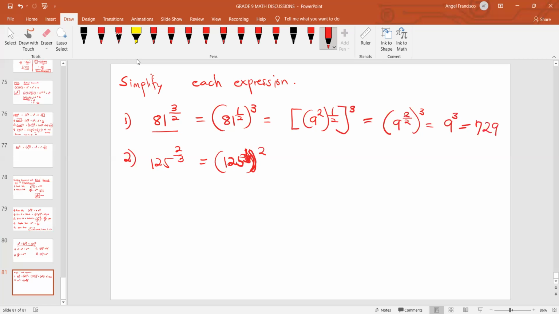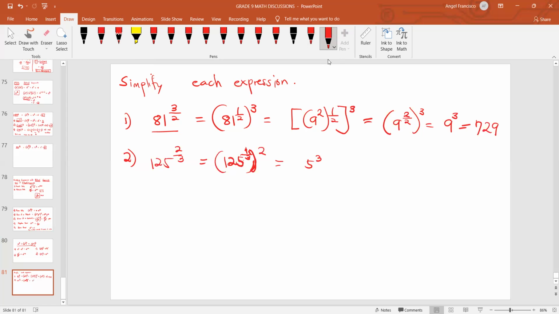Okay? 1/3. Right? I-erase natin. Raised to the power of 1/3. Okay? So, bakit sa 1/3? Kasi pwede natin itong kunin ang pinaka-root nito, okay? Which is 5 raised to the power of 3.